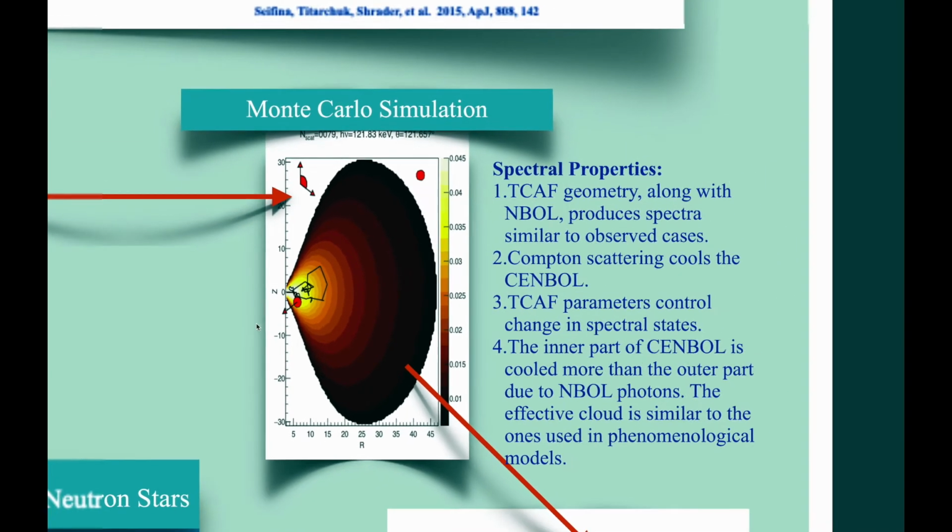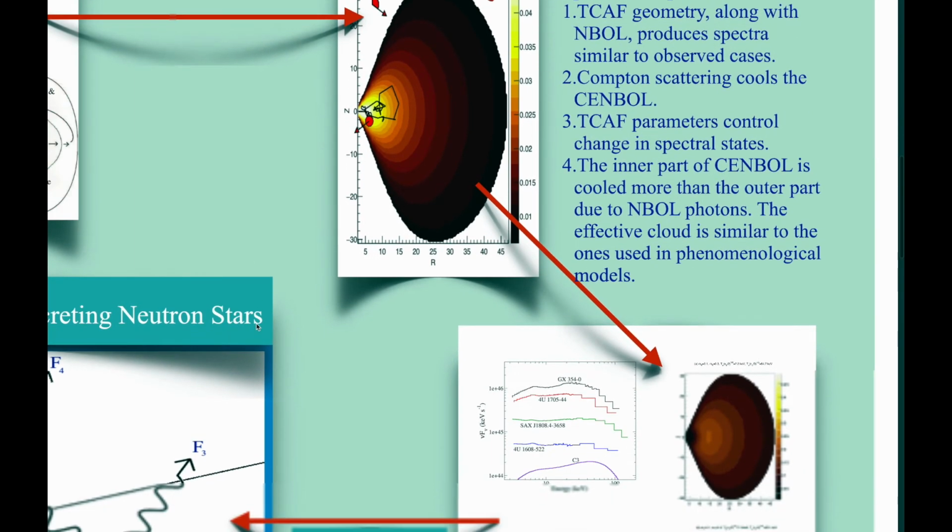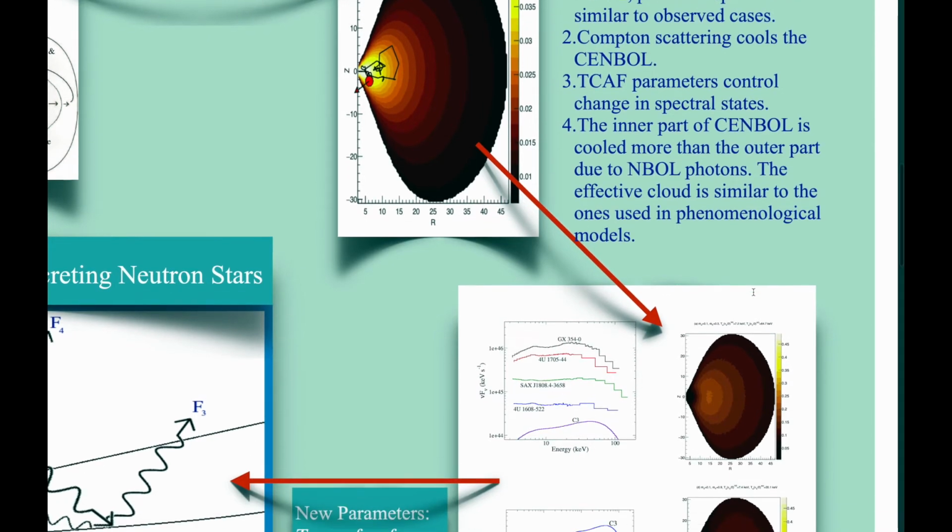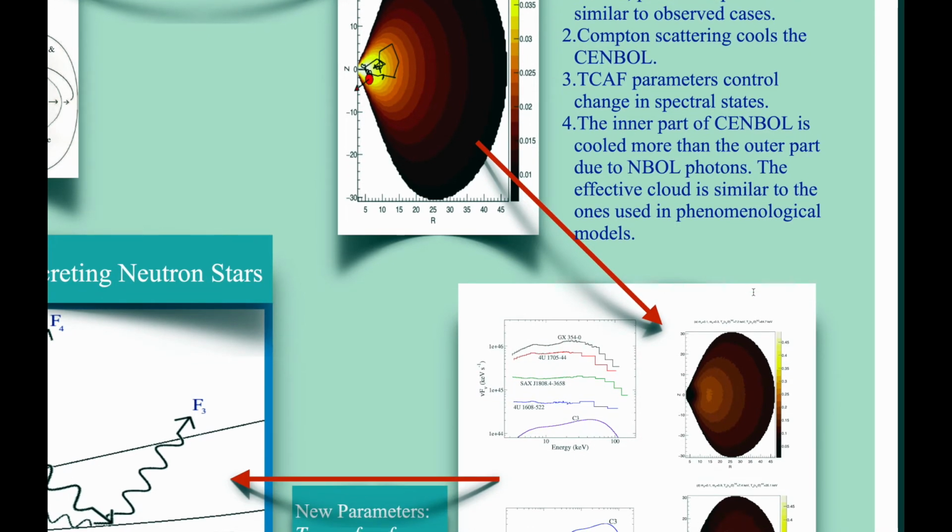So what we see is that when you use this sort of geometry, this can produce spectra which are very similar to what we find in observation. If you let the Compton cooling take place, you can actually see the Compton cloud cools down from a hotter region very close to the surface to a region shifted outwards, as well as a strong overall decrement of the temperature.